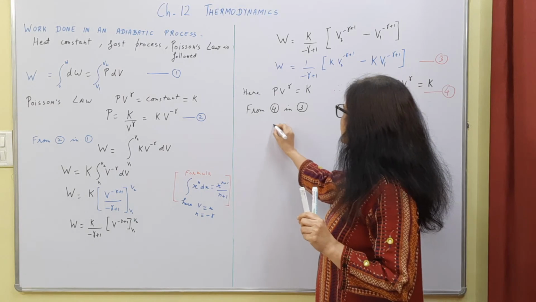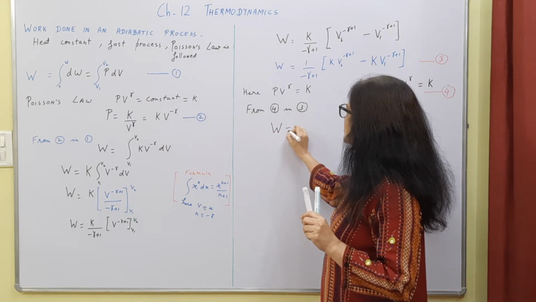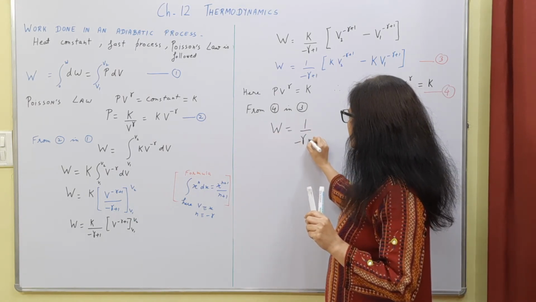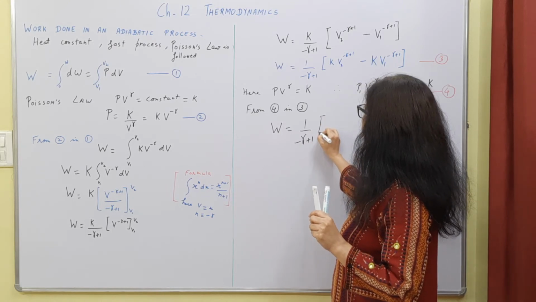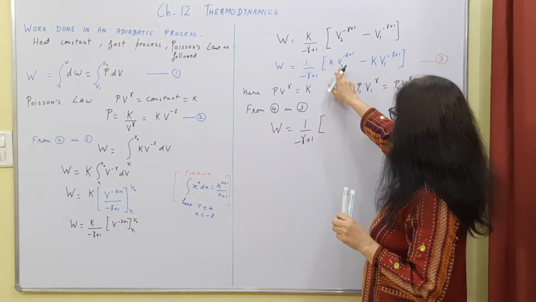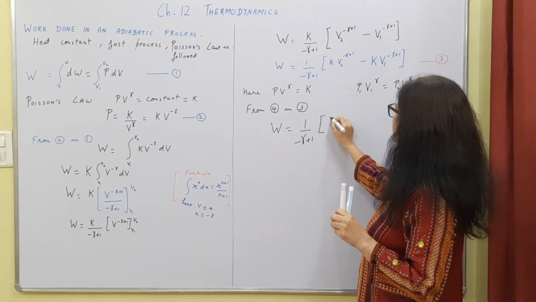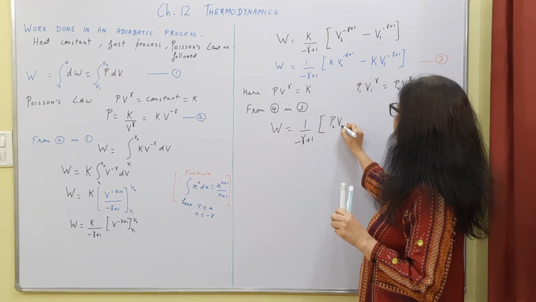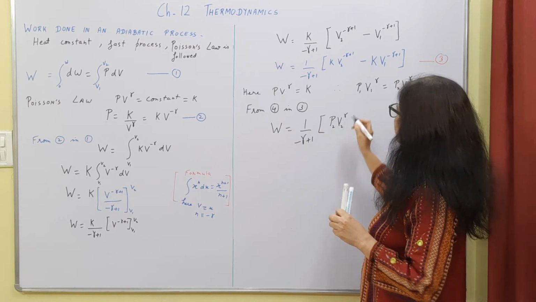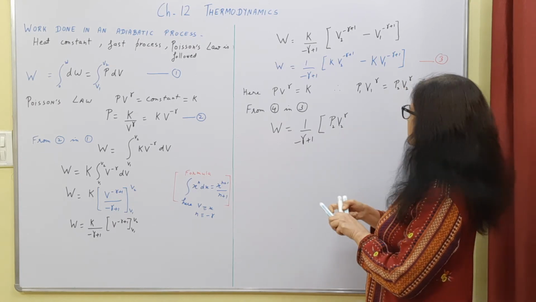So what will we write? W is equal to 1 by minus gamma plus 1, and here for k what we are writing? 2 suffix value. So 2 suffix value for k is p2 v2 to the power gamma, and v2 I am placing as it is.